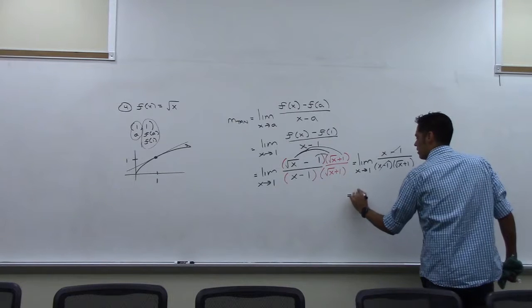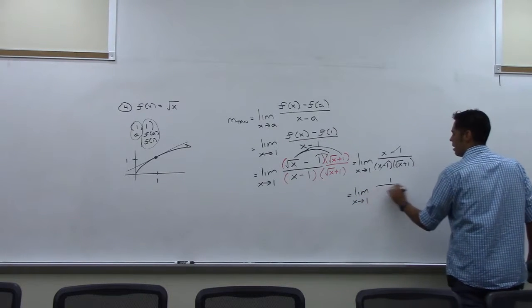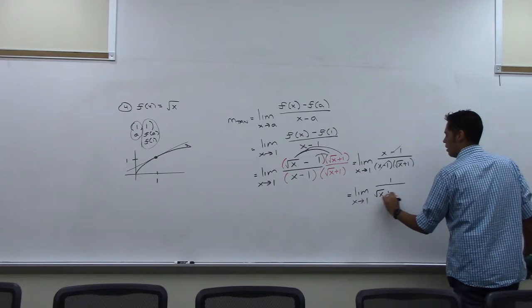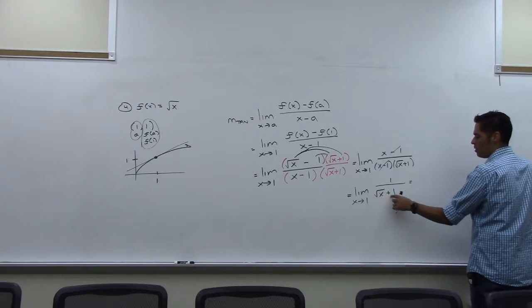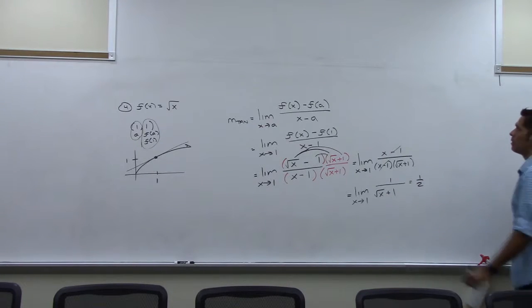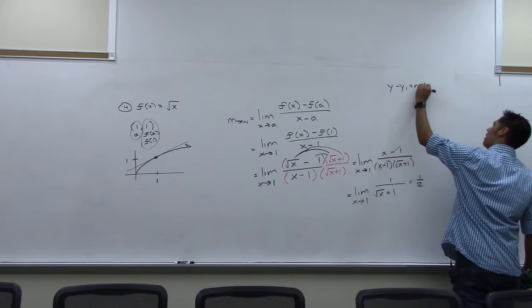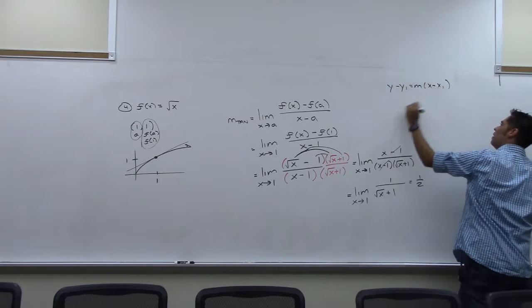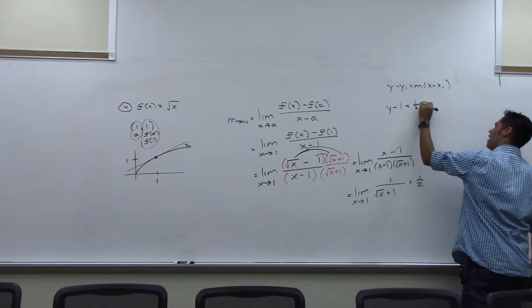So we get limit, x goes to 1. We have a 1 on top. We still have root x plus 1 on the bottom. And if you plug in 1 now, root 1 is 1, 1 plus 1 is 2, so this is just 1/2. We're not done. Now we need to use y minus y1 equals m times x minus x1. So y minus 1 equals 1/2 times x minus 1.